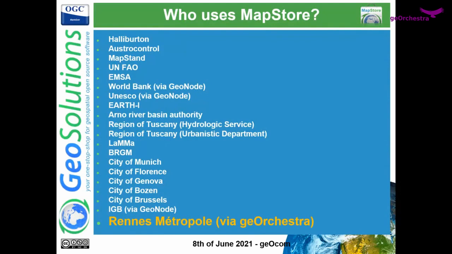The MapStore community in general is growing a lot, especially in the last 2 years, in terms of both users and developers' contributions. In the last 2 years, the geOrchestra community also started joining MapStore, and we are really pleased about that because we think this is a very good opportunity to grow more and learn from each other.